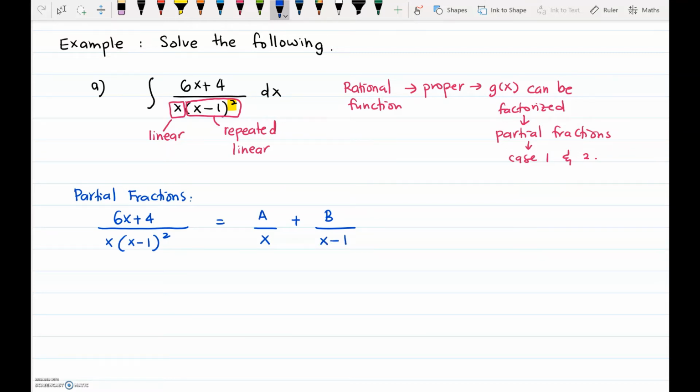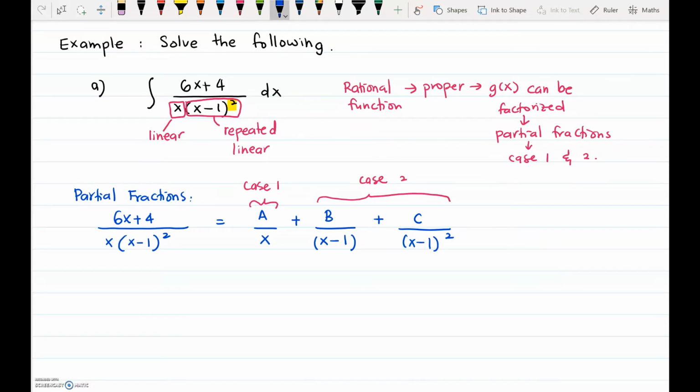We put the linear factor with power 1 first, and then plus C over (x minus 1) squared. This is for case 1, the linear factor, and this one is for case 2, so the partial decomposition follows case 2.